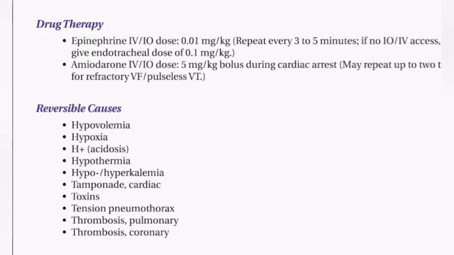If the patient has return of spontaneous circulation, you have to titrate the oxygen to maintain the saturation between 94 to 95, and you have to initiate post cardiac arrest care.